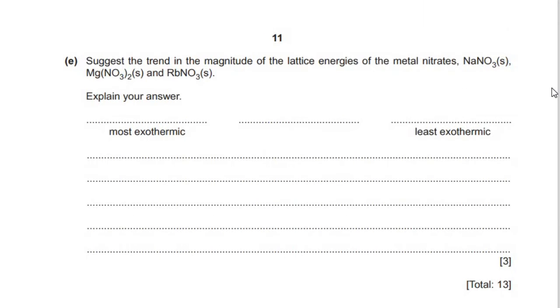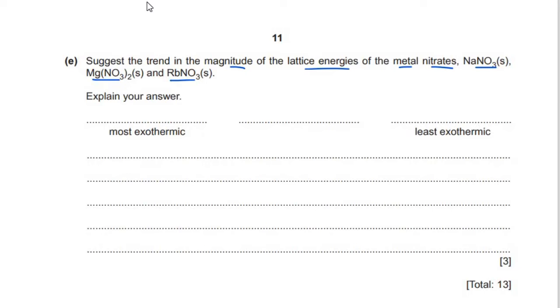Let's go ahead. It says, suggest the trend in the magnitude of the lattice energy of metal nitrates, sodium nitrate, magnesium nitrate, and rubidium nitrate. Explain your answer. Now, magnitude of the lattice energy, if we are talking about the metal nitrates, sodium, magnesium, rubidium, we should know its ionic size.